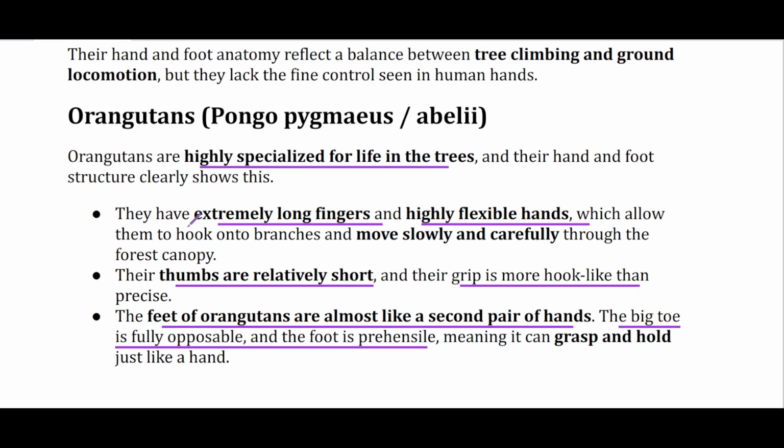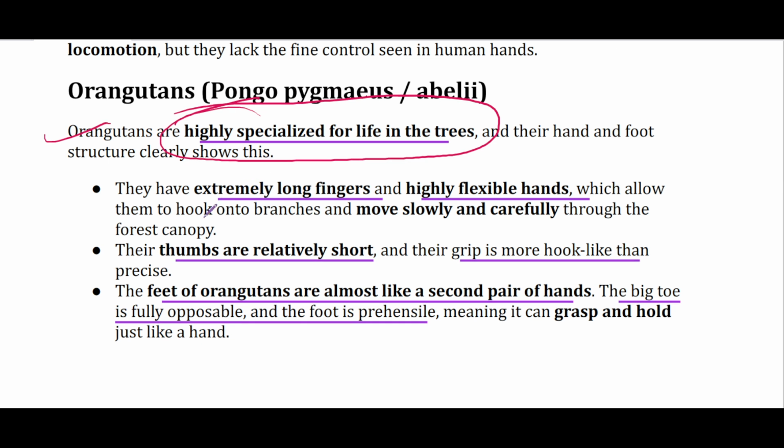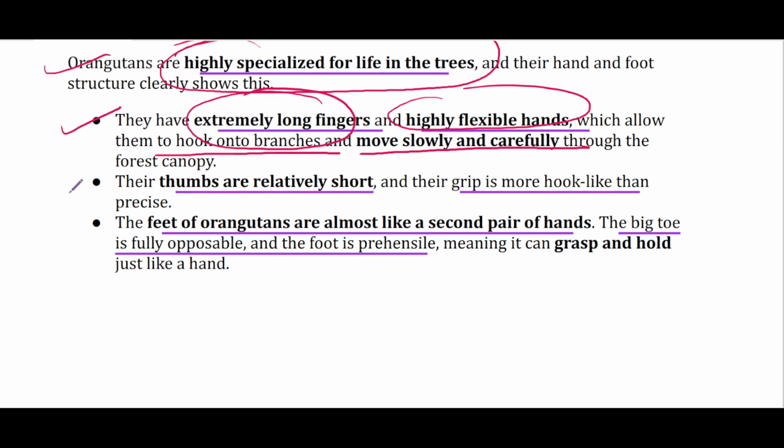Then orangutan की तरफ बढ़ते हैं. They have a highly specialized lifestyle that exists in trees. They have extremely long fingers and highly flexible hands. Both of these features act like hooks onto branches, by which they move slowly and carefully through the forest canopy.